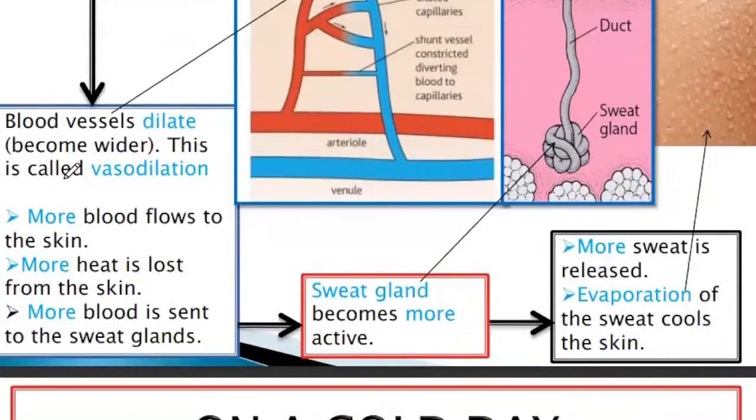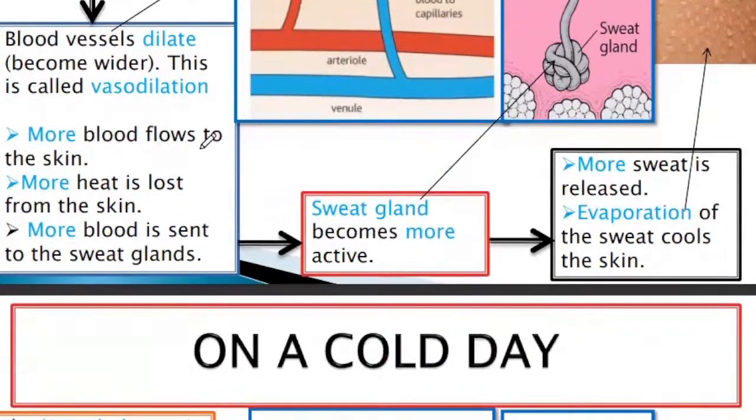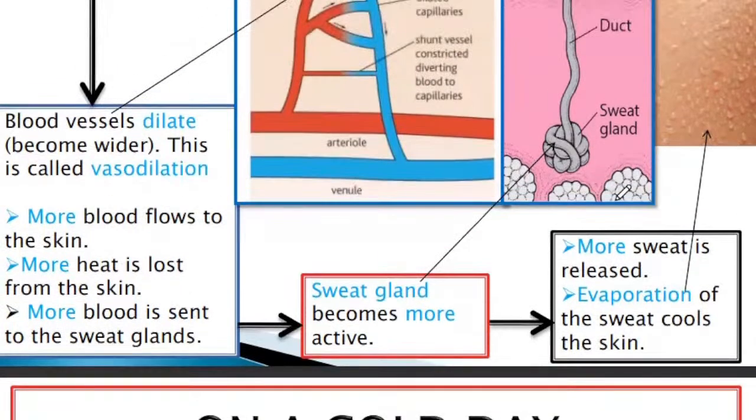The blood vessels dilate, they become wider. This is called vasodilation. More blood will flow into the skin, more sweat is lost, and more signals are sent to the sweat glands. The sweat glands become more active, and more sweat is released. Let me check, guys. Wait a moment.